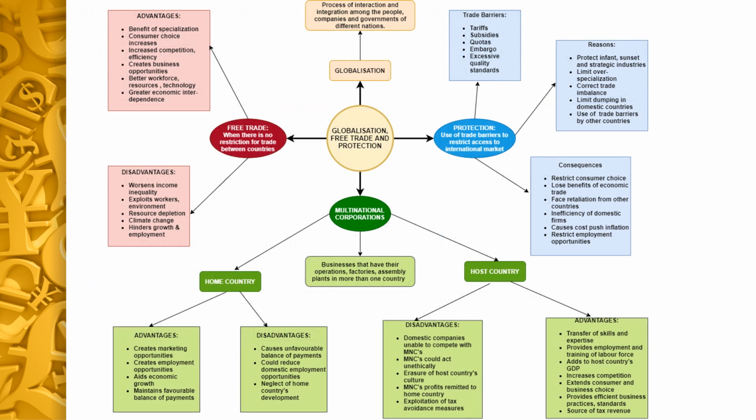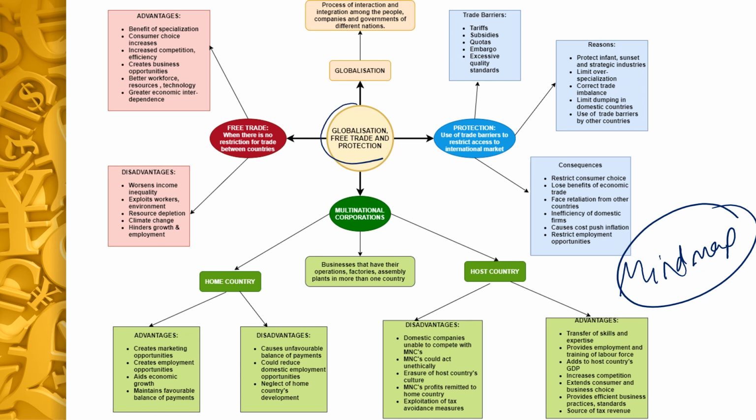We're done with the chapter, and this is like a summary of everything we've taken. I usually call this a mind map. Okay, so as you can see, the most important thing we were talking about in this chapter is globalization, free trade, and protection. I want to talk about free trade advantages and disadvantages, so please pause the video and have a look at them.